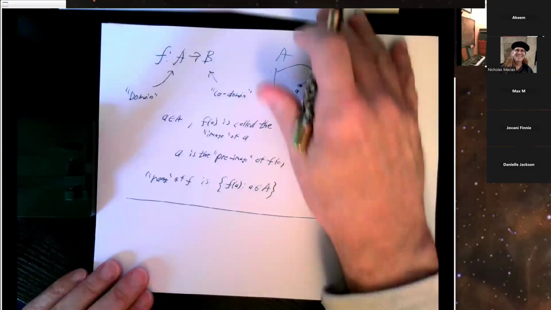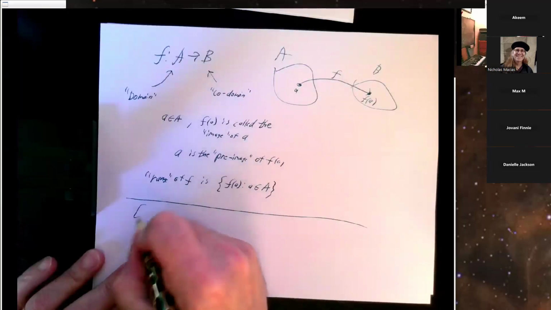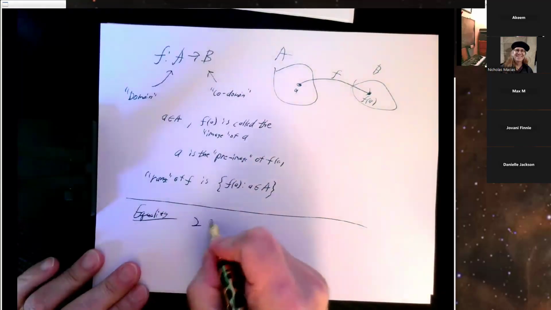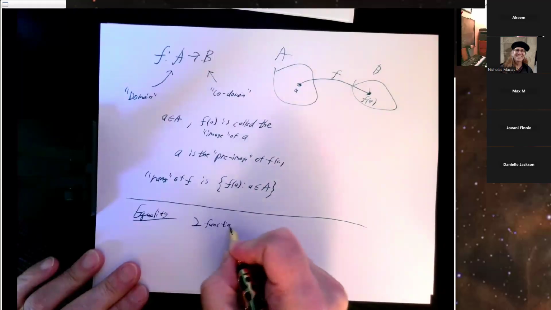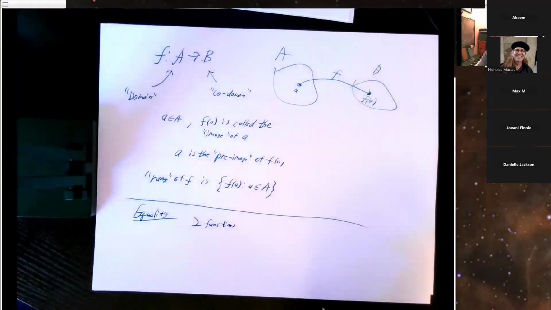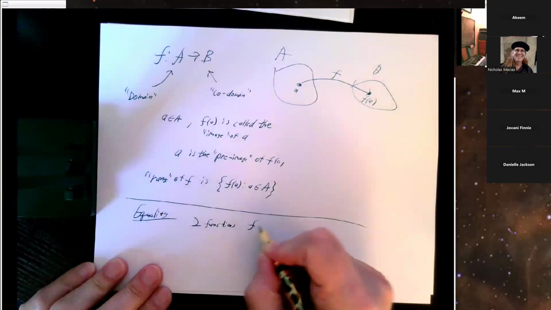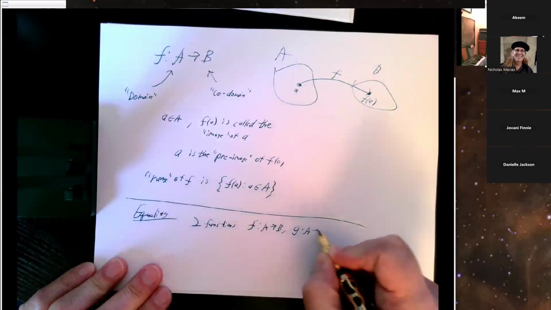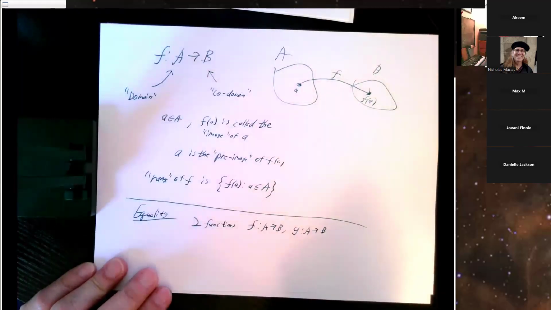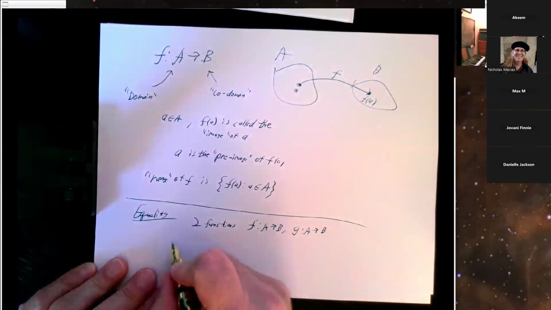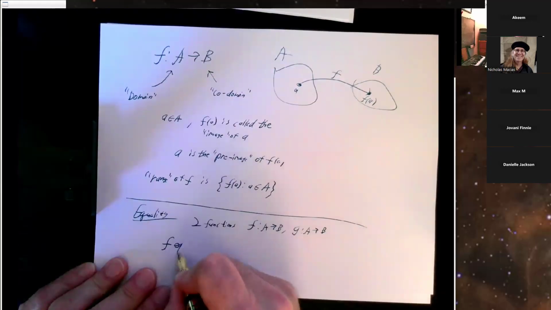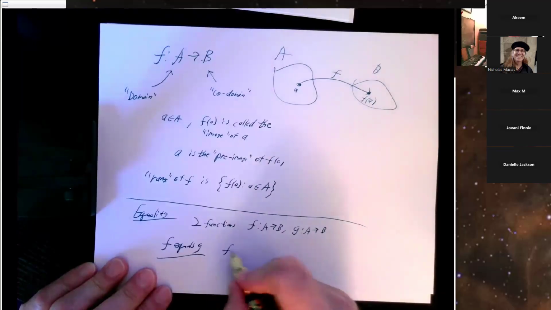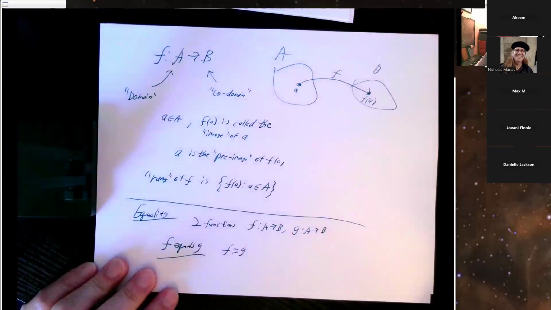All right, so we can talk about equality of functions. So suppose we have a function f going from A to B and g going from A to B. We can say f equals g, or just write it with an equal sign.